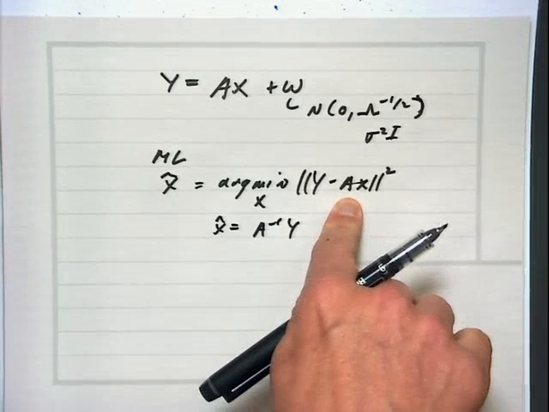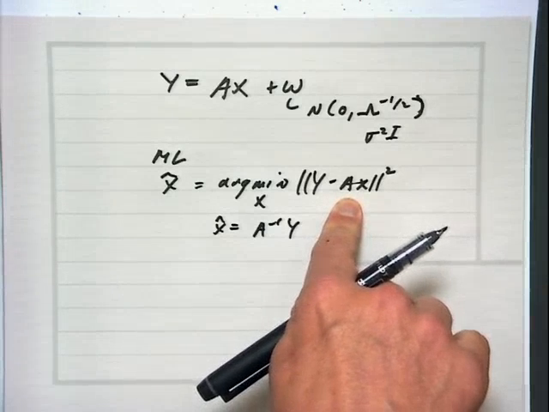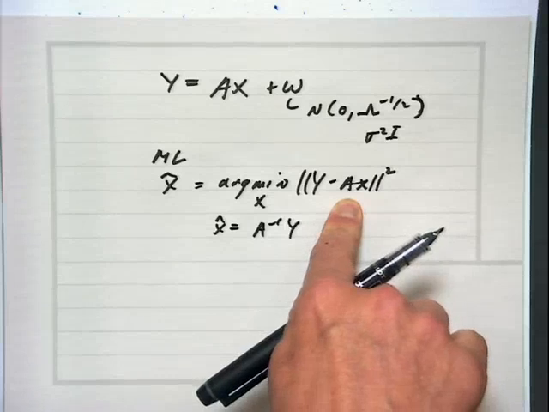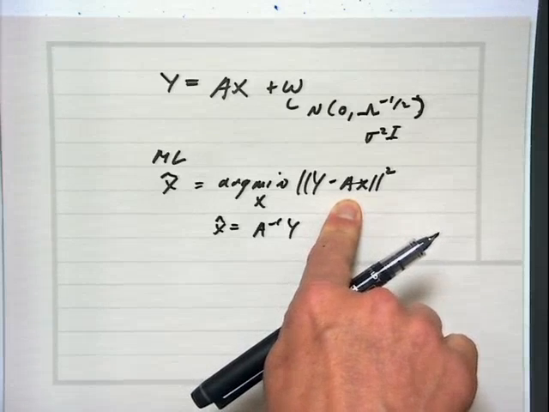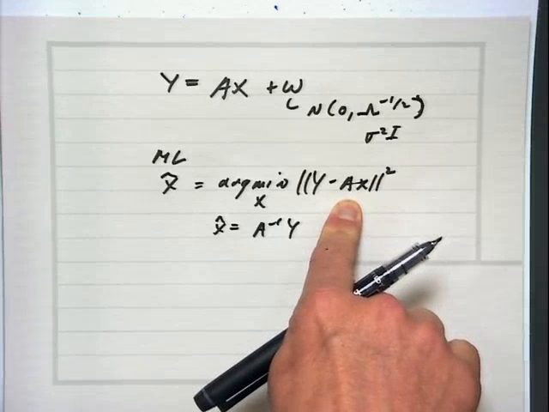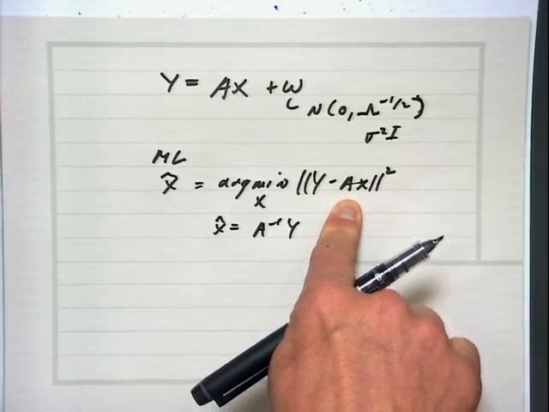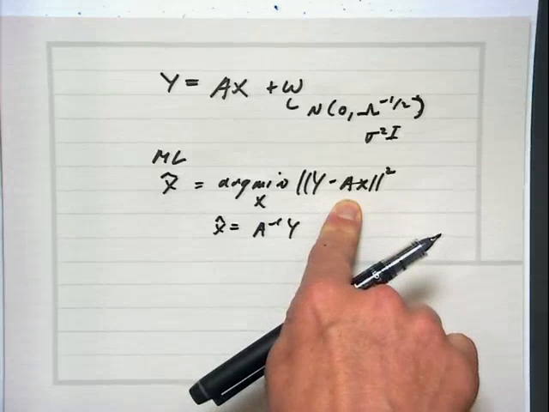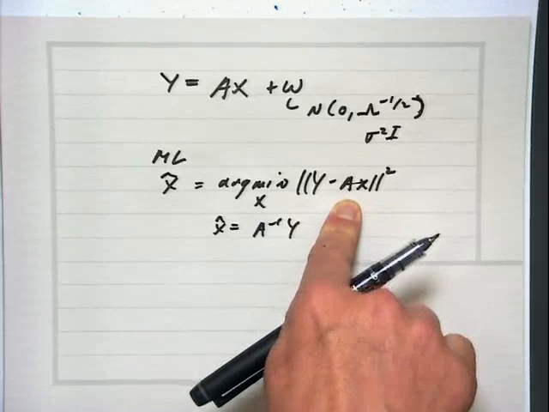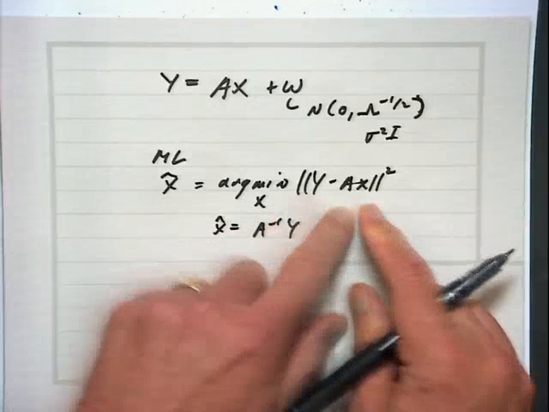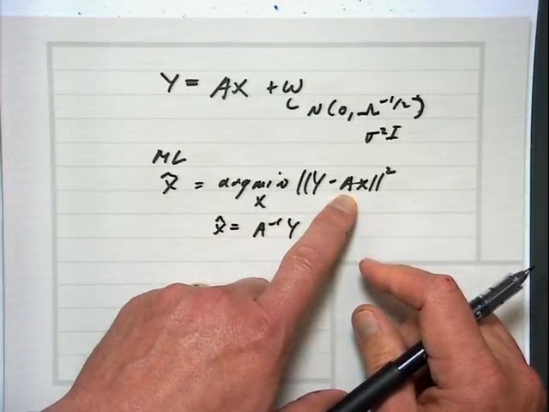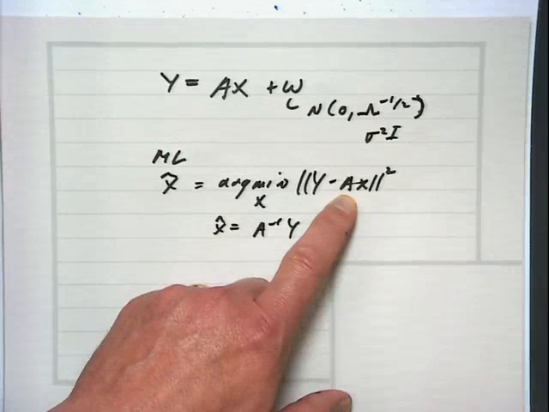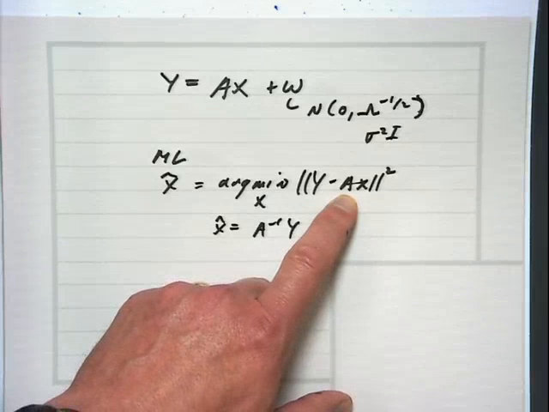So there are two possibilities when you try to solve a problem like this. The solution may be unique, or the solution may be non-unique, with an infinite number of solutions, or the solution could be non-existent, so that there may be no solution. It could be that y falls outside of the range of the column space of A, in which case there's no solution.